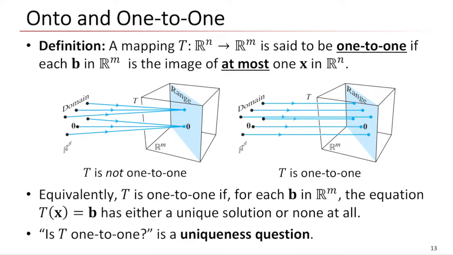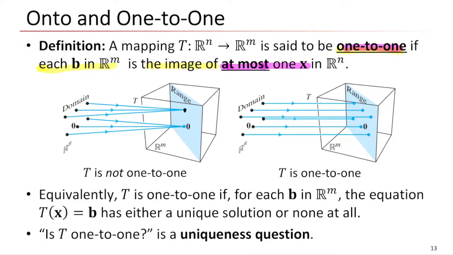Here is the definition. The mapping T from Rn to Rm is said to be one-to-one if each b in the Rm space is the image of at most one x. This is very intuitive. Let's see the left image first.